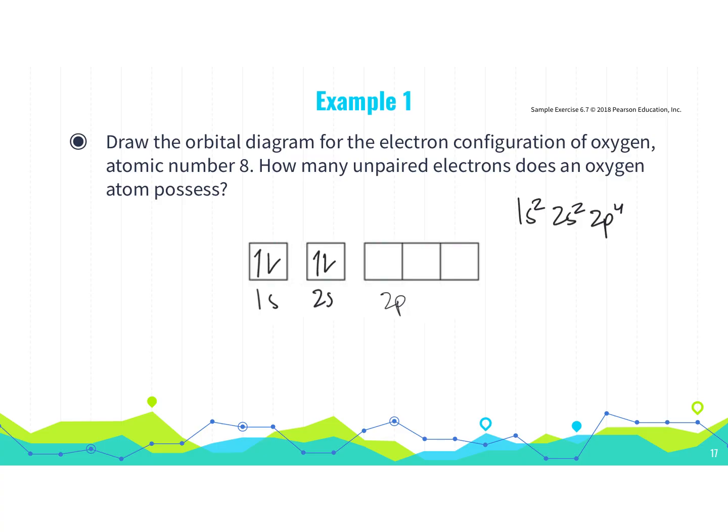And then 2p, we have 4. And so we should fill 1, 2, 3 all spin up and all on their own because we fill unpaired first, then throw our down electron into that first p orbital. So that would be our electron configuration. And then we would see that there should be 2 unpaired electrons in oxygen.